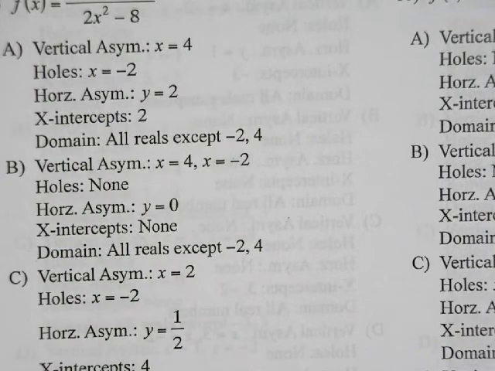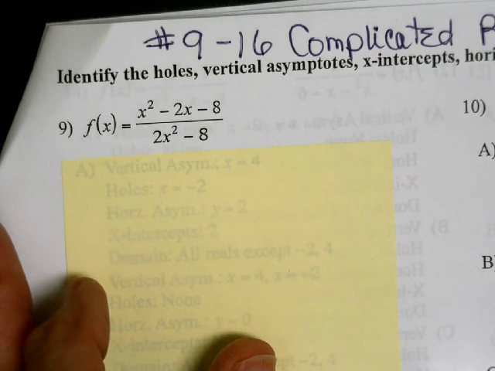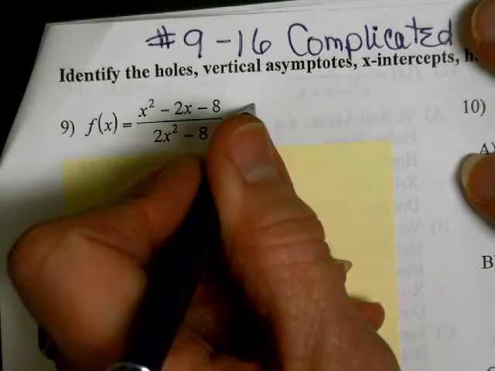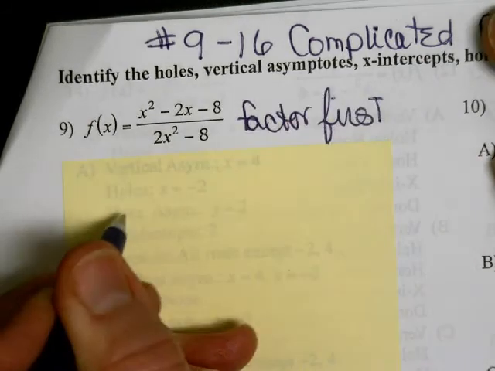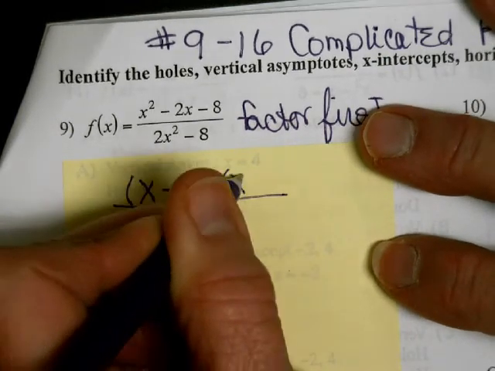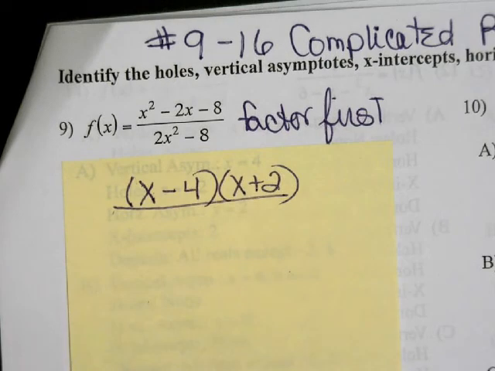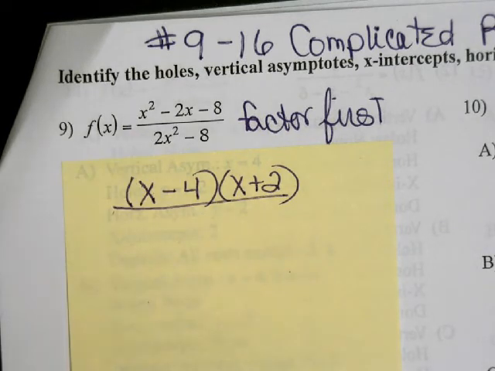Okay. So number 9, we're going to factor first. The reason we need to factor is because out of those factors come holes and x-intercepts and vertical asymptotes.